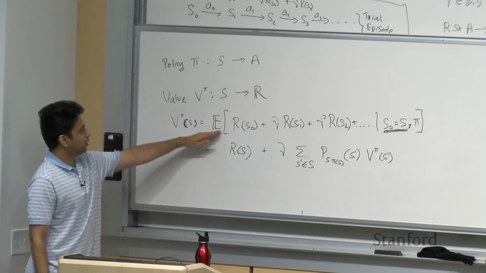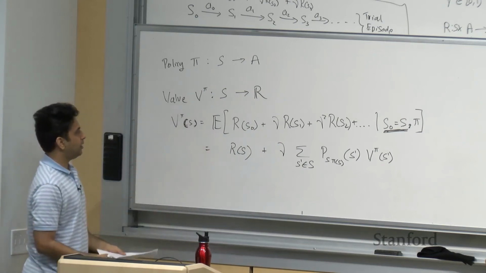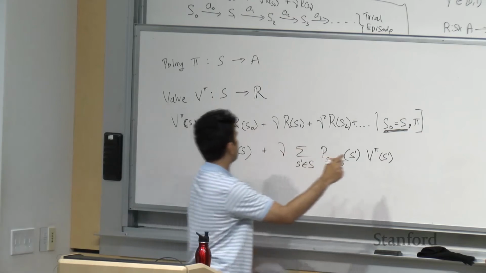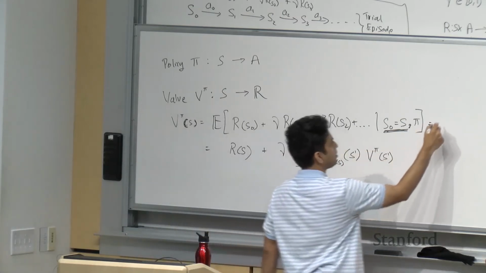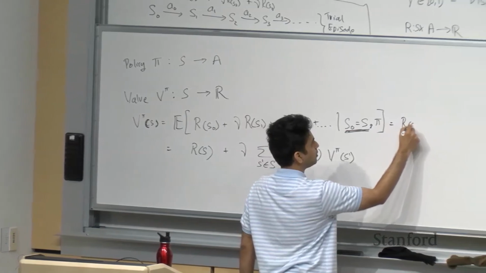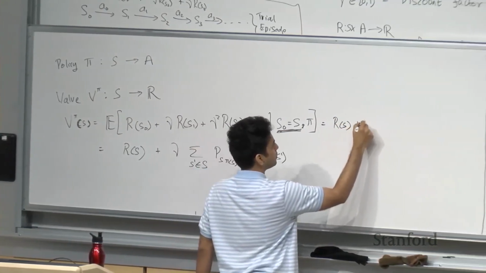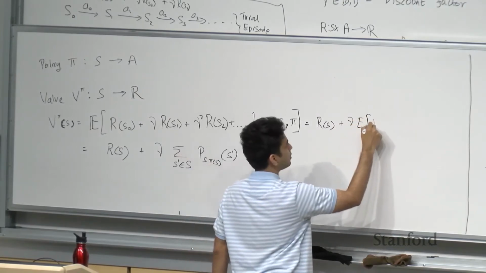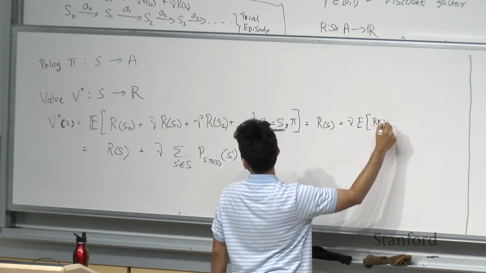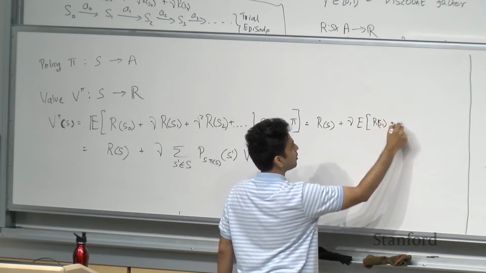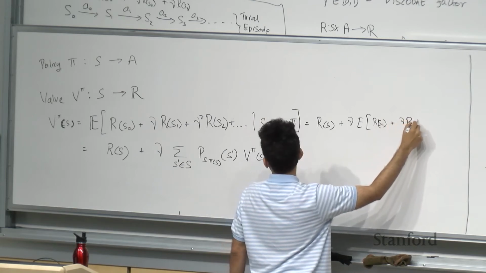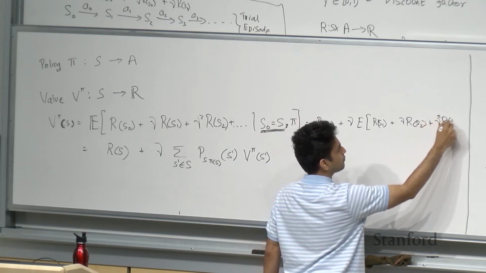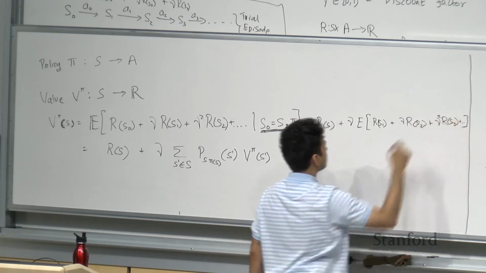The way we went from this equation to this equation is by recognizing that this expression can now be written as R of S plus gamma times the expectation of R of S1 plus gamma times R of S2 plus gamma squared times R of S3 and so on.